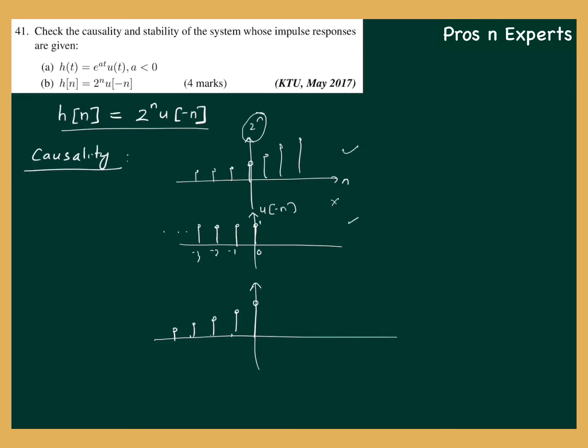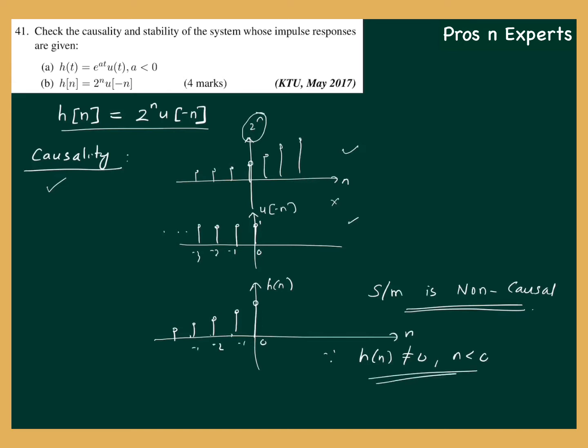Our question is to find the causality of the system. The system is simply non-causal, or anti-causal, because h of n is not equal to 0 for n less than 0. So this is the answer. The system is non-causal.